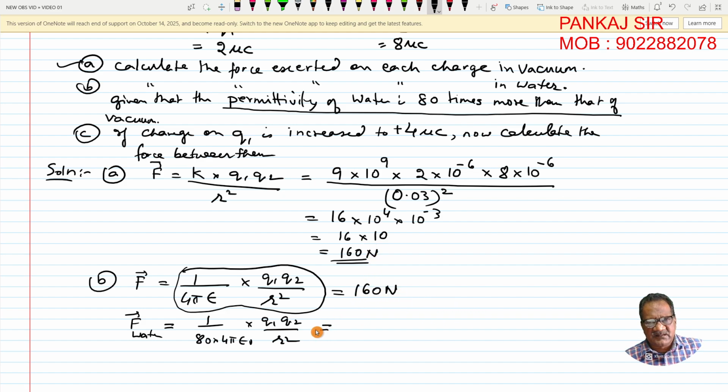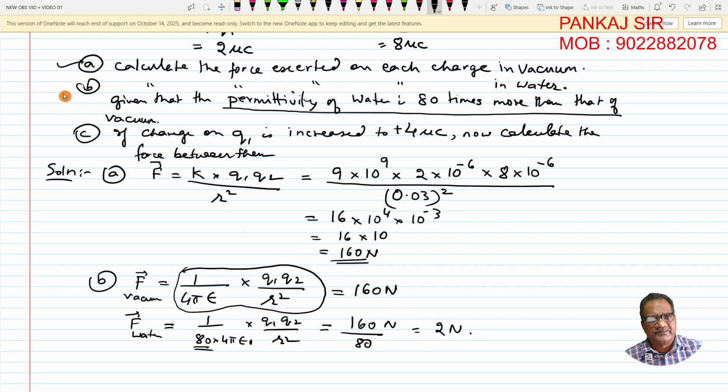So all you have to do is divide this 160 Newton by 80, because now it is in the case of water. This was in the case of vacuum, isn't it? So this will give you 2 Newton.